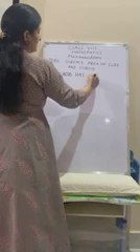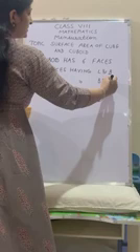A cuboid has 6 faces. Two faces have length and breadth. Two faces have breadth and height. And 2 faces have length and height.